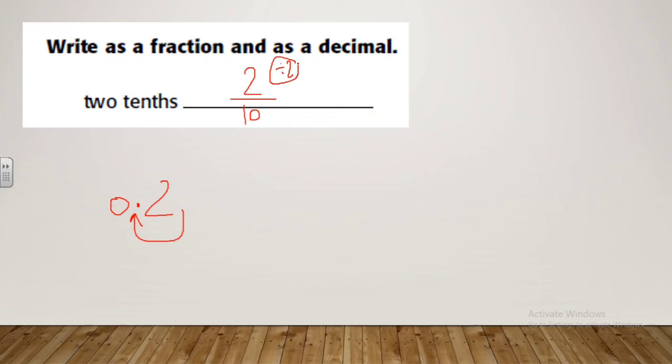To make any fraction simpler, you must divide the numerator and denominator by the same number, okay? So here 2 divided by 2 equals 1 and 10 divided by 2 equals 5. Okay? So here we wrote it as a fraction and here as a decimal, okay?